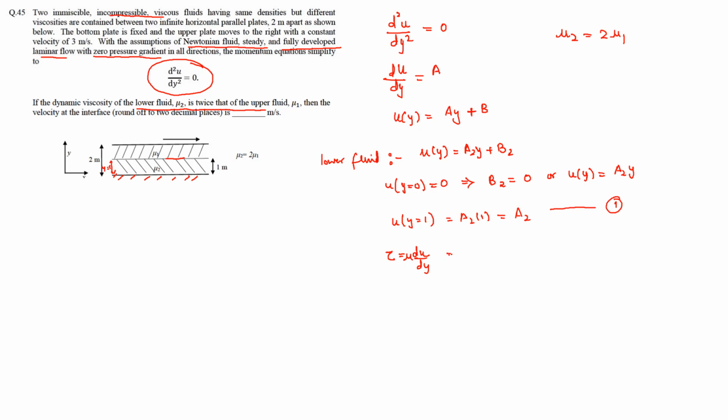So for the bottom fluid, tau at y equal to 1 will simply be mu2, and du/dy we can write as a2. So this is equation number 2. Now let's focus on the upper fluid.